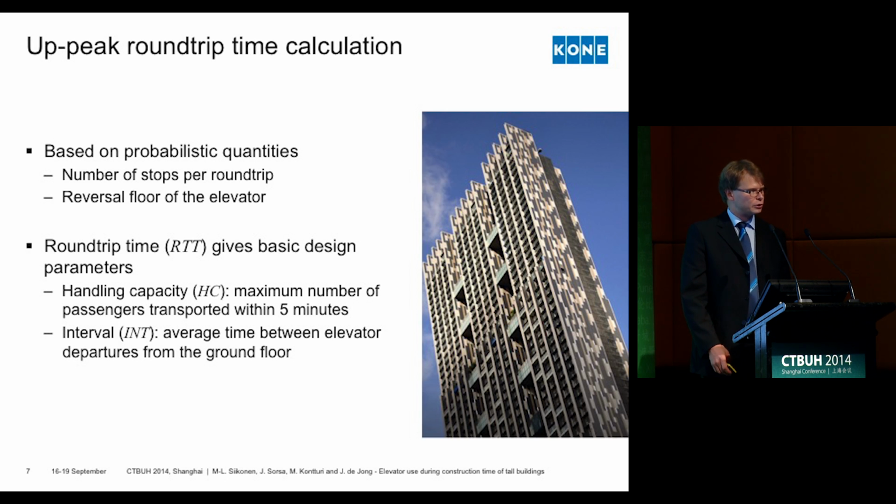And then from this round-trip time, these two important parameters, handling capacity and interval, are derived. Handling capacity just says how many passengers the elevator group can transport in 5 minutes, and interval describes how often elevators depart from the ground floor. And this interval also correlates with waiting times.